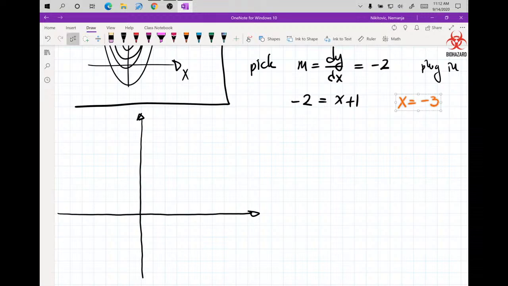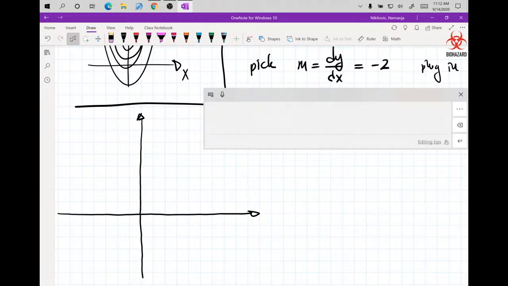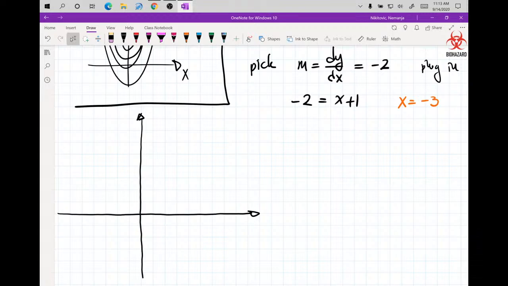Thank you. All right, I have -3. Let's draw -3. So 1, 2, -3. We're going to draw this line. This line is x equals -3.